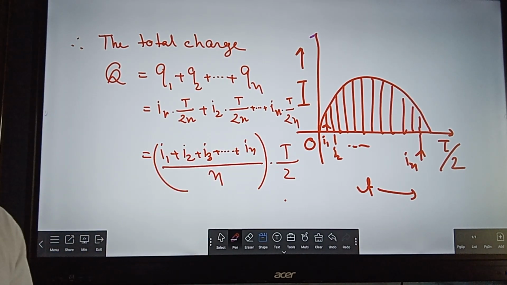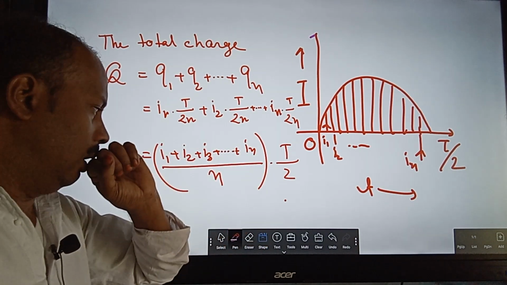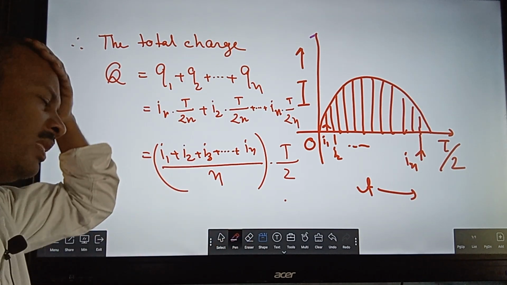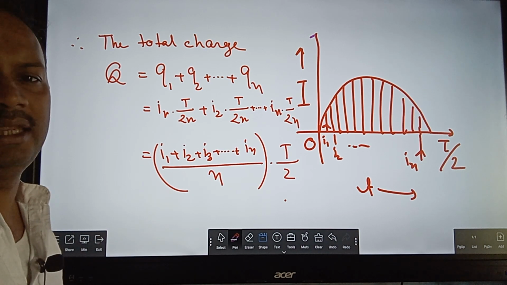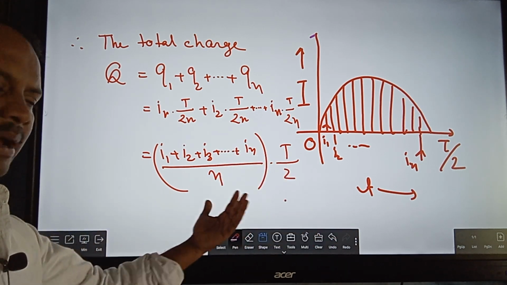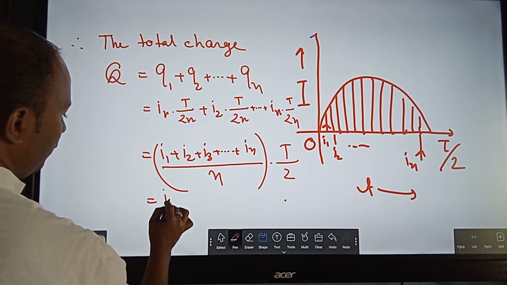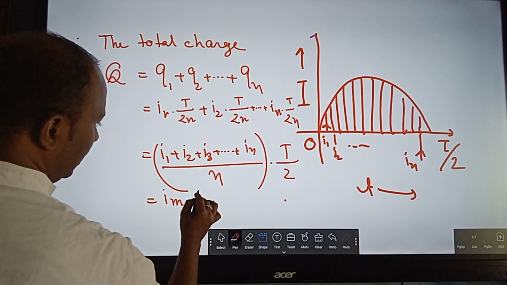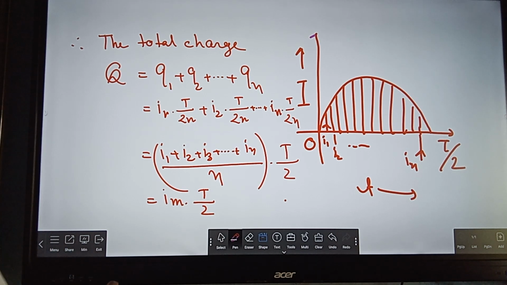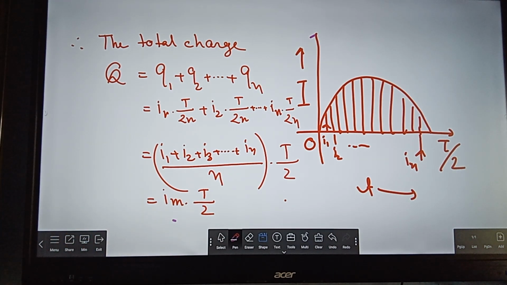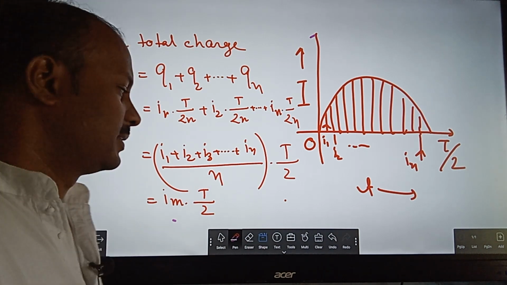Here the number of parts is n, the sum of the currents is I1, I2, I3 up to In, divided by n. So we can write this as Im times T/2. Here Im means the mean, which means the average.